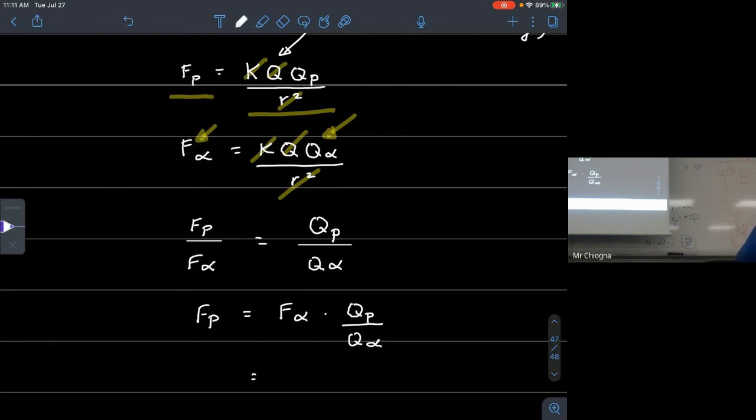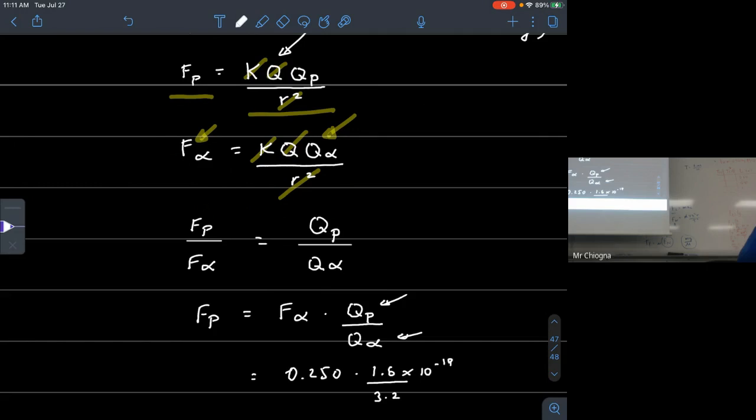Okay, so what's the force on this? Force on the alpha is 0.25. What's this? This is 1.6. What's this? This is 3.2. Yes, I know they have exponents, but they're the same, right? I'll write them in for you, but you don't need that.